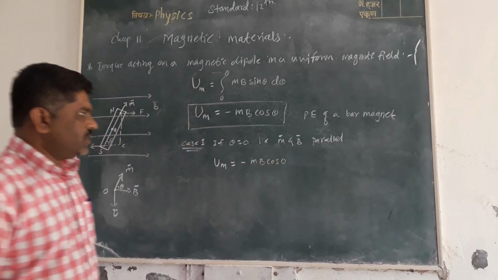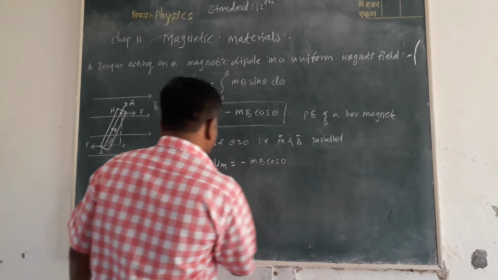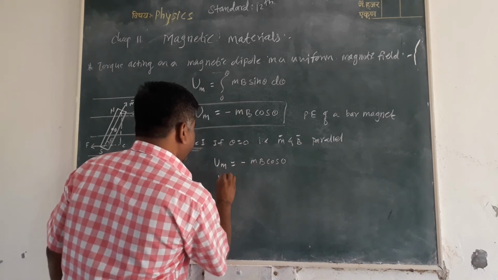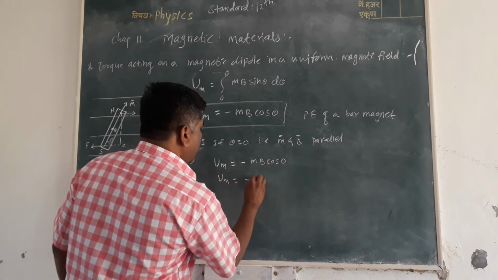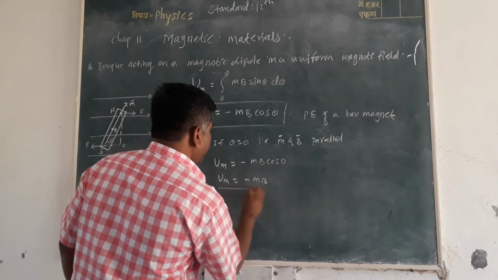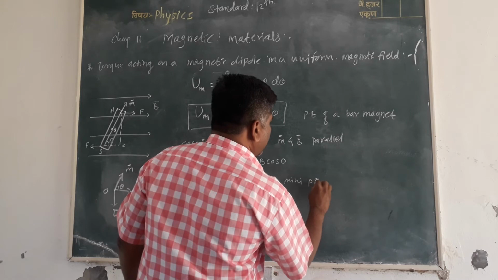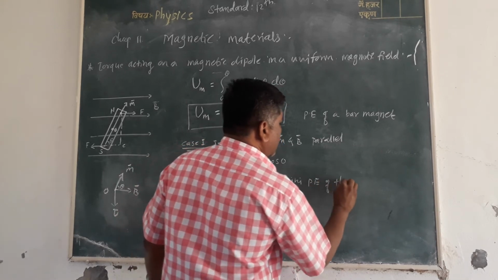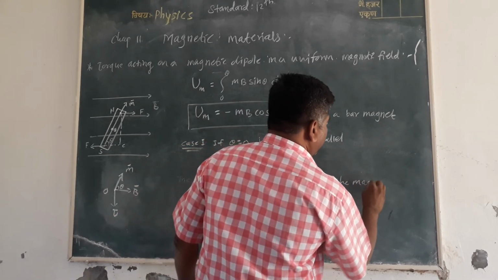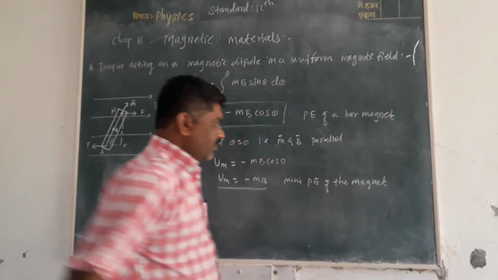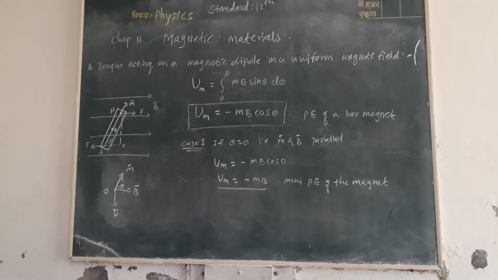We know that cos 0 is equal to 1. Therefore, UM is equal to minus MB. This is the minimum potential energy of the bar magnet.